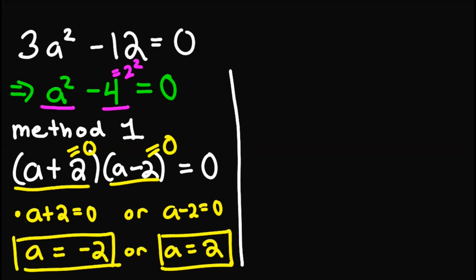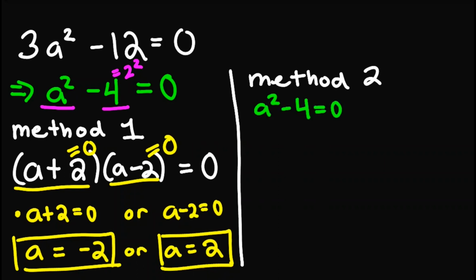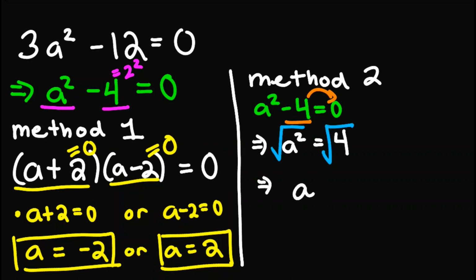Now another method that we can do is method 2. If we have a squared minus 4 equals 0, what we can do is transfer this term to the other side. So we'll have a squared equals 4. And from here, we can apply radicals. So we can get the square root of both sides, and we'll obtain a equals 2.